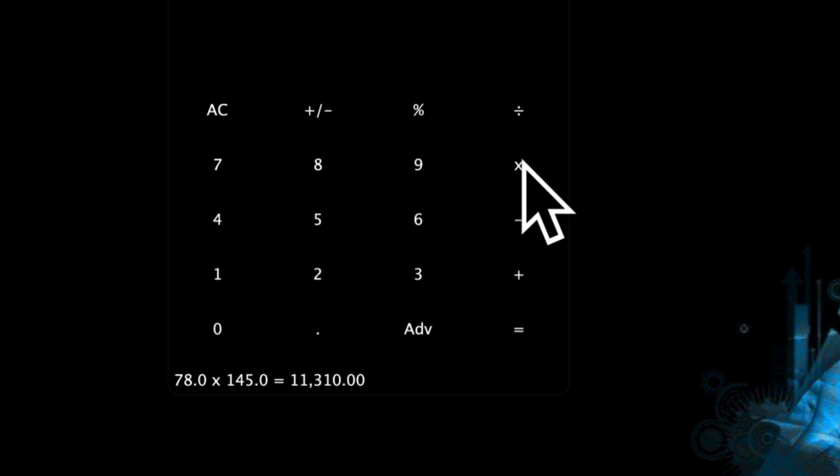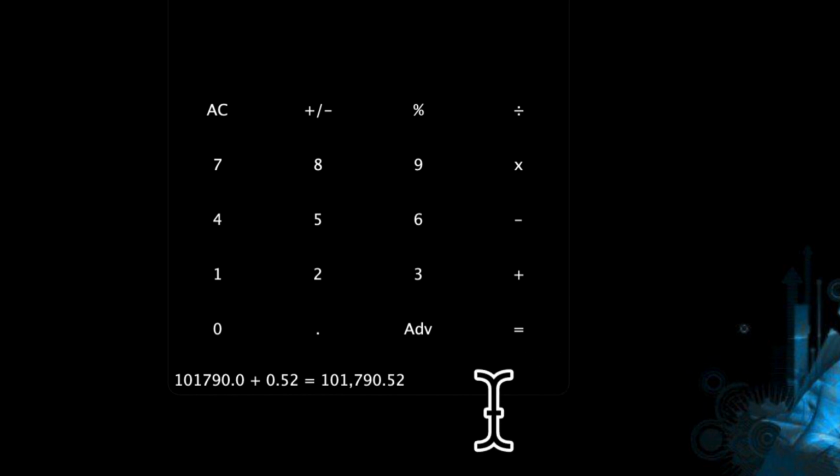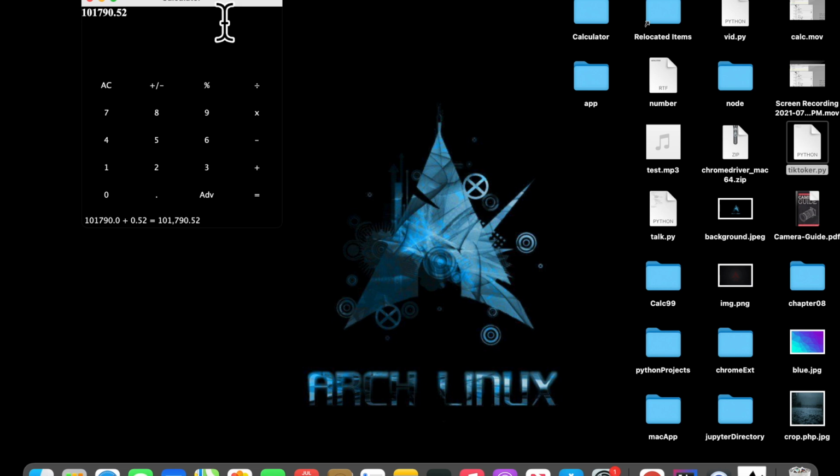If we times 9, 101,790.00, plus 0.52. Here it's not formatted, but the final result we formatted it.